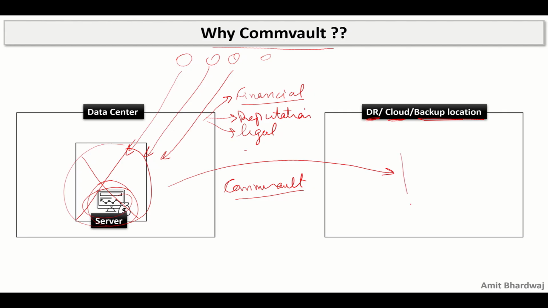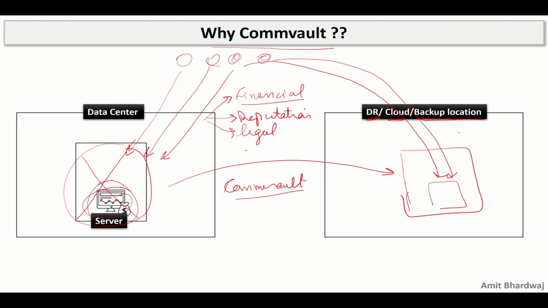Now, since the data center is not available, immediately with the help of Commvault, a replica is created, and for business continuity, the same application is set up here, which has been backed up frequently towards this backup location. Now, once this is set up, then the users can access the same application but in a different location with the latest of all the logs and information being available, all the transactions that have happened.